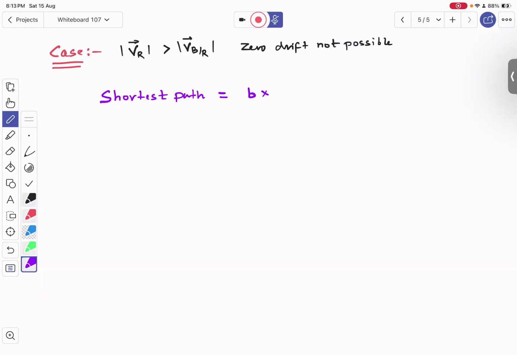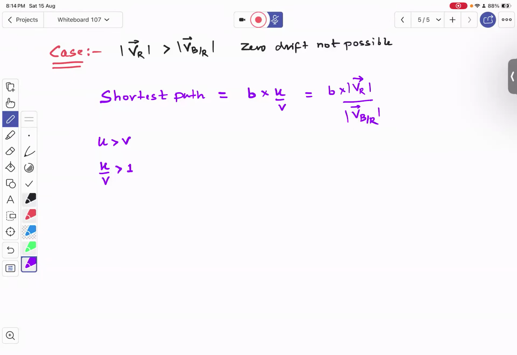Correct. So tell me here, U is more than V. So U by V is going to be a quantity more than 1 or less than 1? More than 1. So the answer is B into U by V. So it is B into speed of the river divided by speed of the boat with respect to the river.